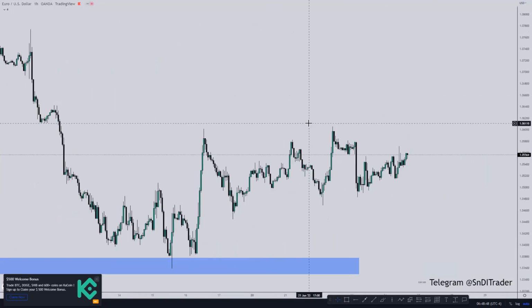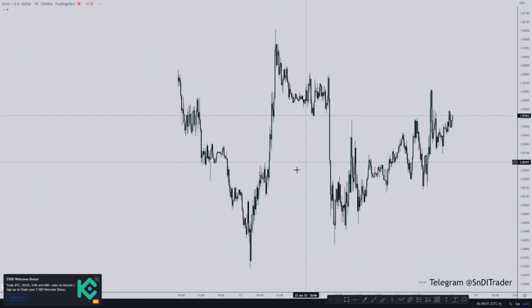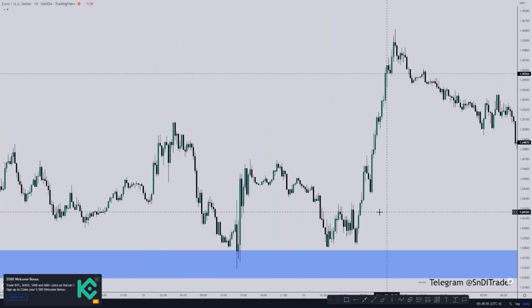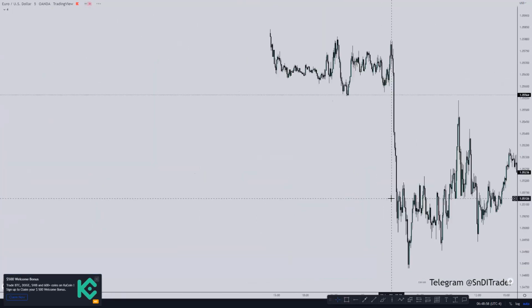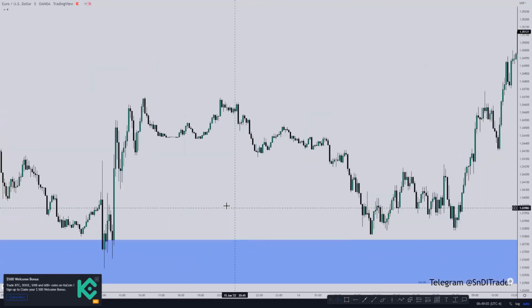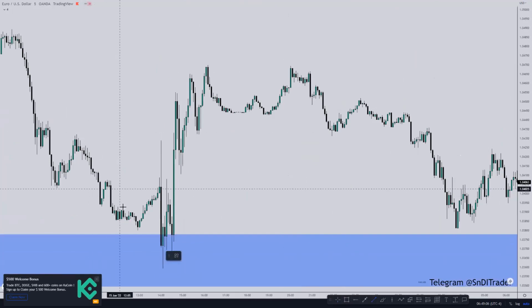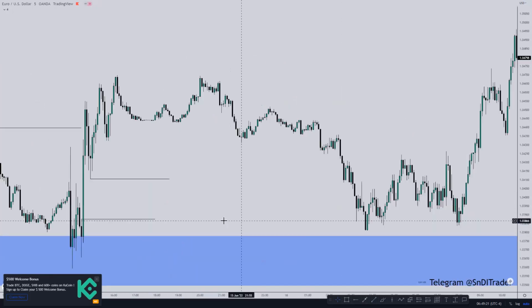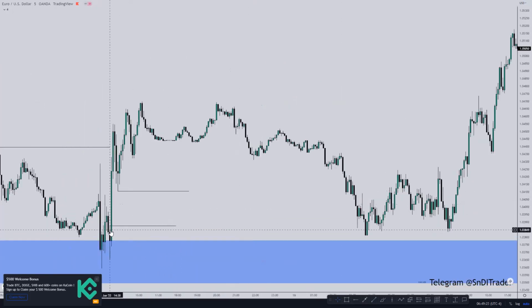Let's go on the 15-minute time frame and find another inducement here. Price has given a break in market structure towards the upside here, and this low failed to fill this fair value gap.